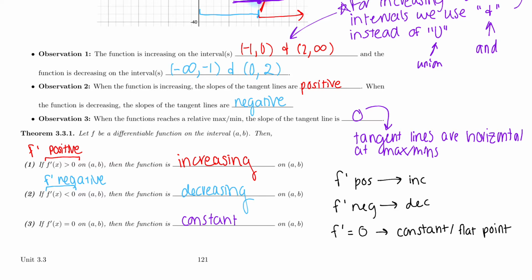So the ways that this can happen, you could have literally just a part of the graph that was flat. That would be constant. For a flat point, what I mean is like you could have the top of a hill right here, it would be 0. The bottom of a valley, the derivative would be 0. And additionally, if you have something that looks like this, where it kind of flattens out right here, that would also have the derivative be 0 there.